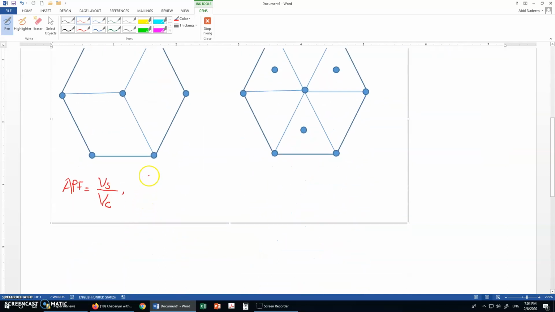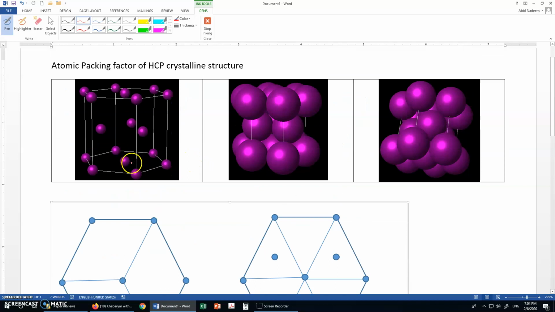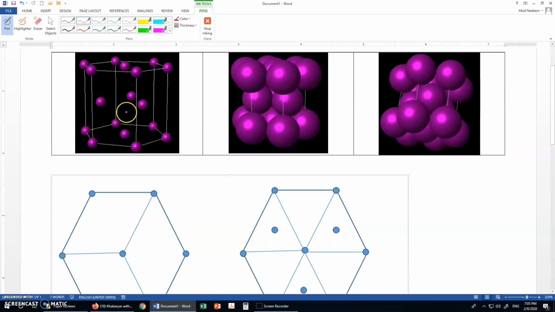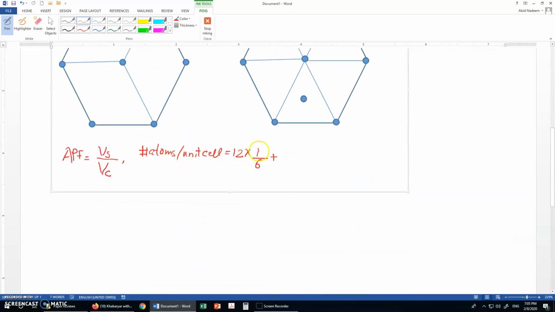So the number of atoms per unit cell is 12 corner atoms times 1/6, plus the 2 atoms at the bottom and top, of which half are involved in the unit cell, so 2 times 1/2, and then there are 3 middle atoms.